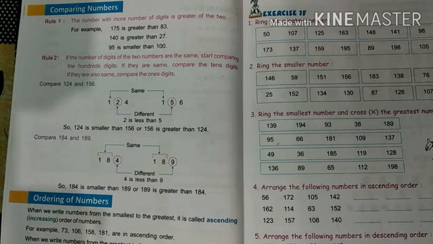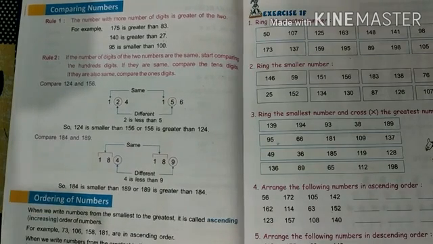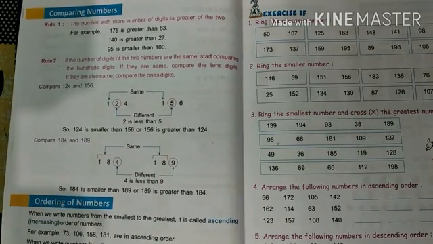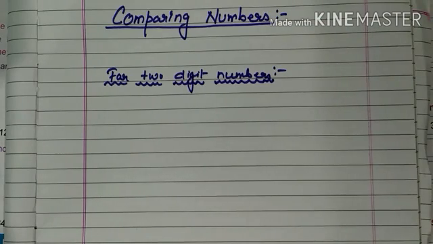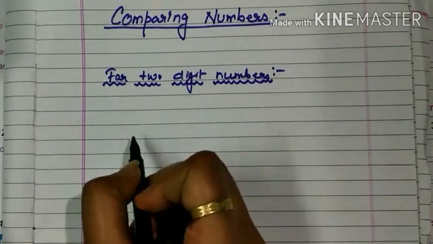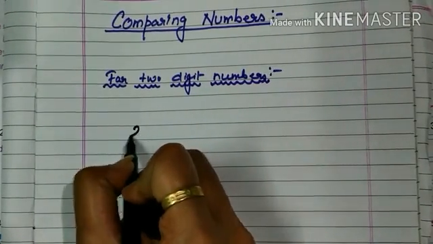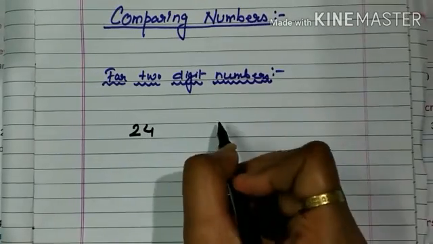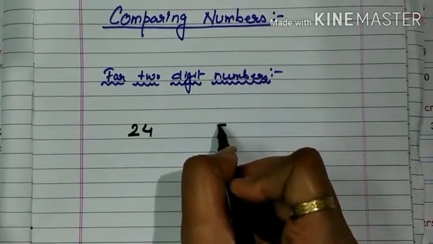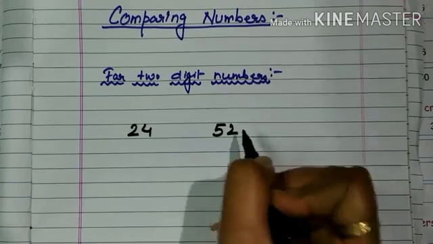Now similarly, the same thing is given over here. I'm showing you so that you can understand it easily. First we will discuss comparing numbers for the 2-digit number. In a 2-digit number, let us take any numbers like 24 and 52.